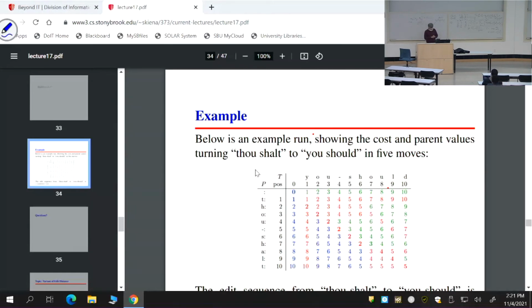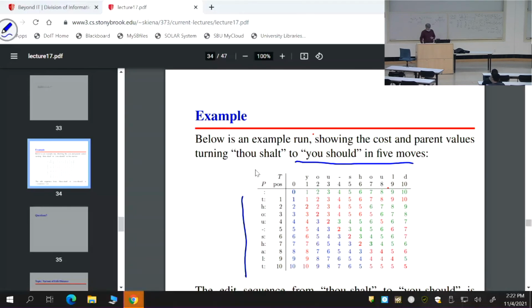The Bible says a lot of thou shalt not do things, okay? In modern language, that means you should. Instead of thou shalt, it should probably mean you should. How many changes does it take to get between thou shalt and you should?